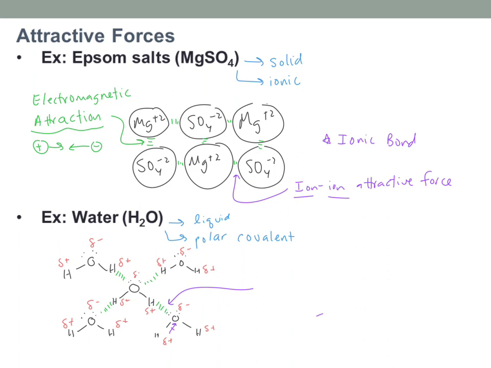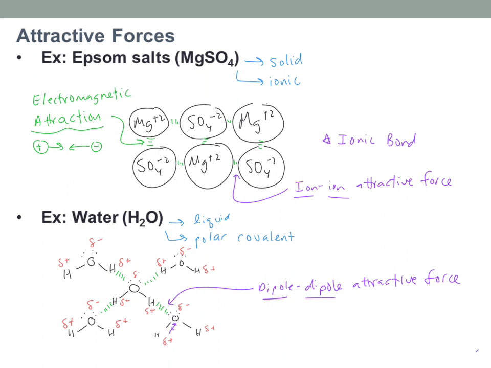Since you have a dipole, this is called the dipole-dipole attractive force, because the two participants in this attraction each have a dipole. One has a dipole, the other one has a dipole. They both have dipoles.